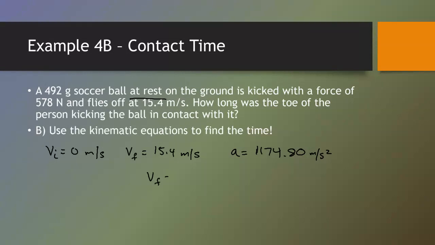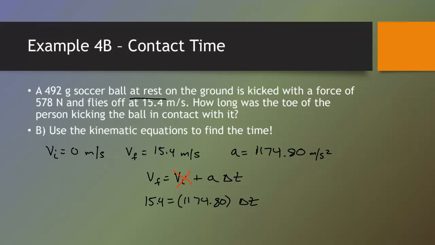Final velocity is equal to the initial velocity plus a times delta t. Here the initial velocity is 0, so we can just get rid of this. The final velocity of 15.4 meters per second is equal to the acceleration 1,174.80, and then times the time.